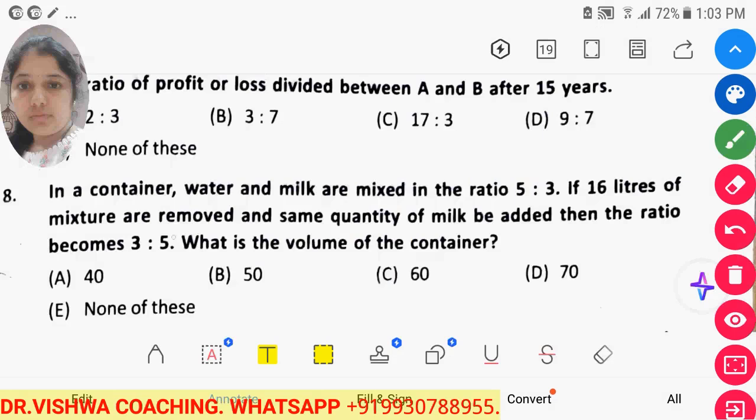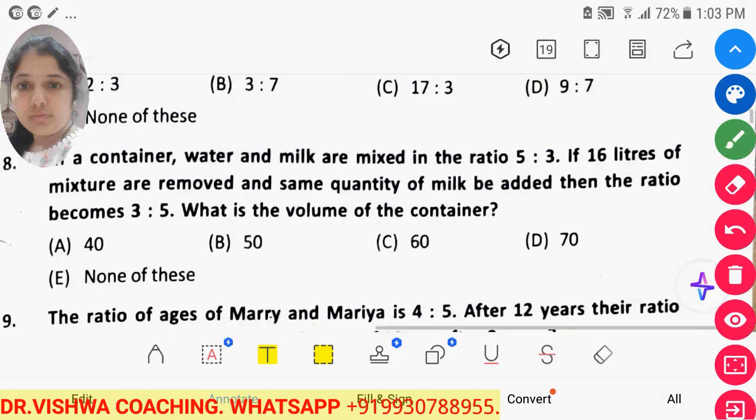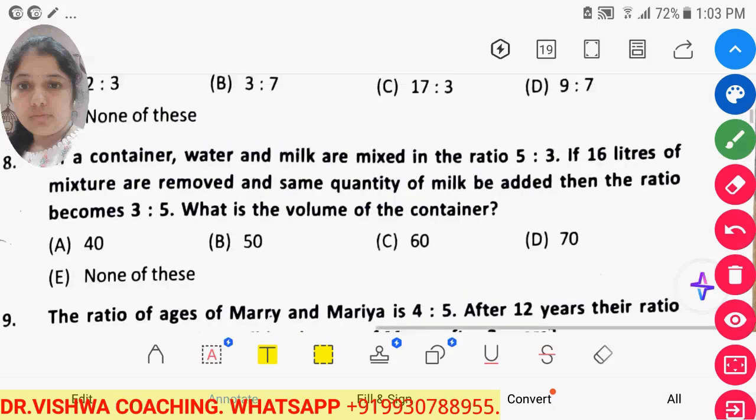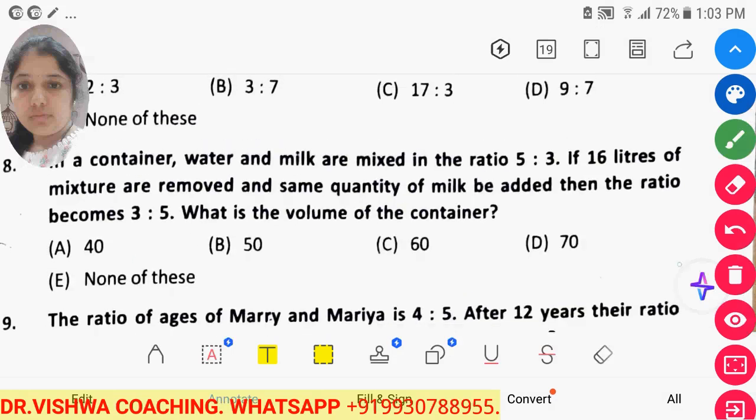Okay, now as we had seen in the solved examples, we had seen the same kind of question, but there the volume of the container was given to you, which is 20 liters. Here the volume of the container is not given to us.